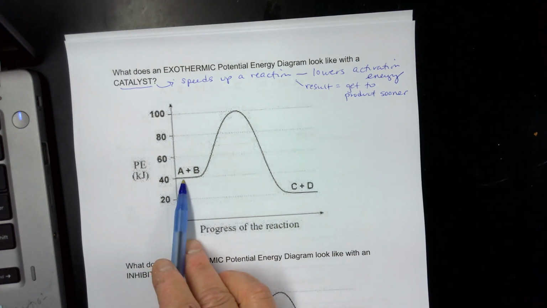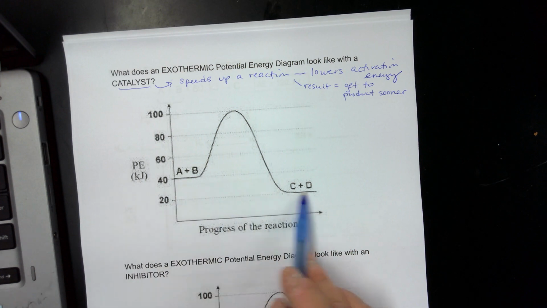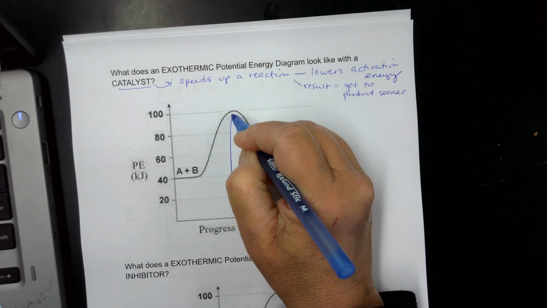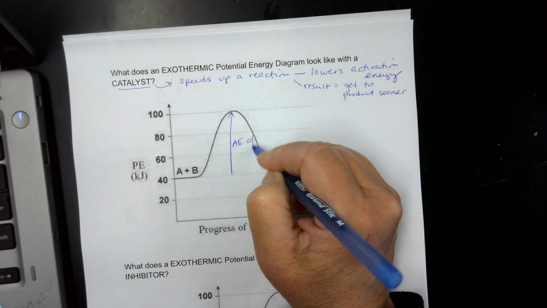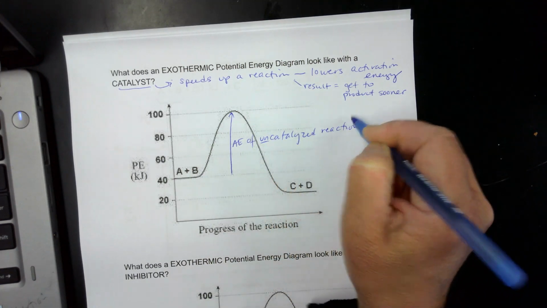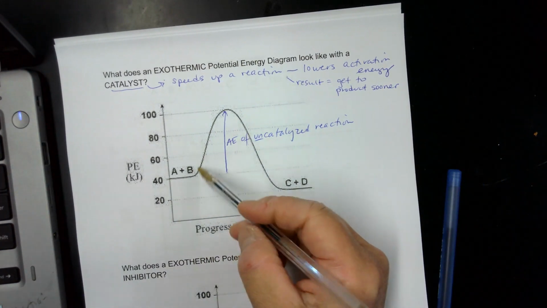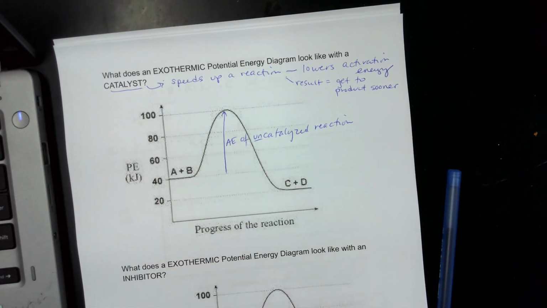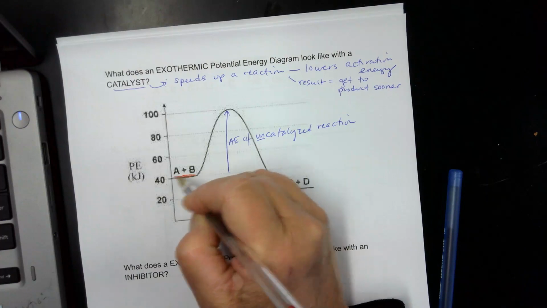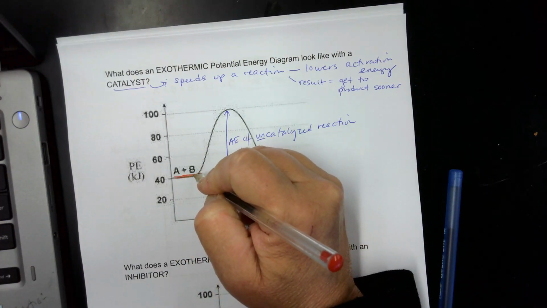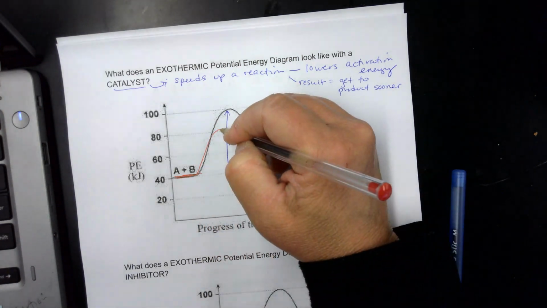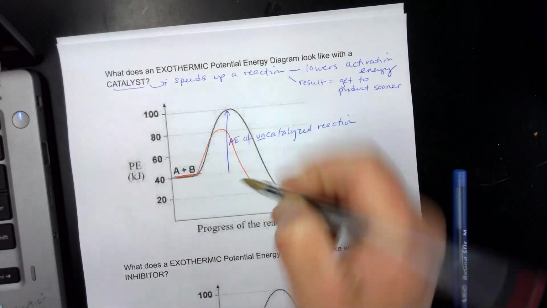What won't change is the energy of the reactants or the energy of the products. This right here is the activation energy of the uncatalyzed reaction. But if we add a catalyst, through a series of changes in the reaction mechanism path, you'll start at the reactant's energy level, and you will make the peak lower, and it will start heading towards the products sooner.